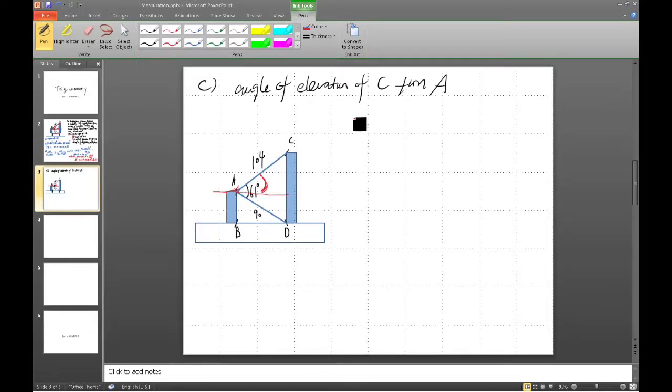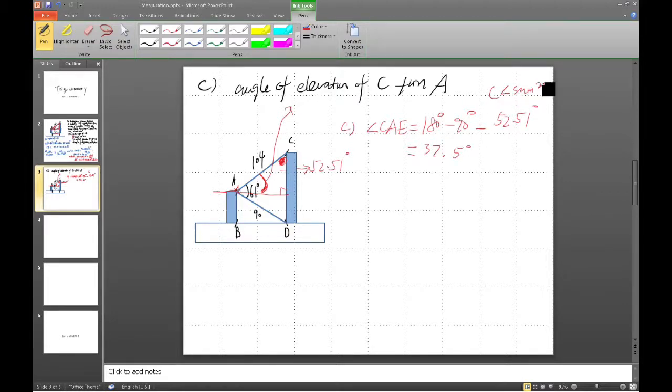So, how do we find this angle? In fact, we can find this angle by angle sum of triangle, because we have found angle ACD just now in part B. Therefore, part C, angle CAD, which is also the angle of elevation of C from A, equals to 180 minus 90 minus the angle ACD, which is 52.51 degree we found in part B. Therefore, let's punch the calculator and we should get 37.5 degree.